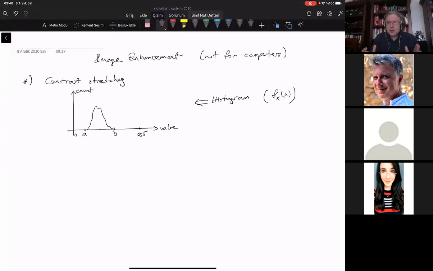What you can do is stretch this dynamic range, from not the darkest place and not the brightest point, with a so-called curve.